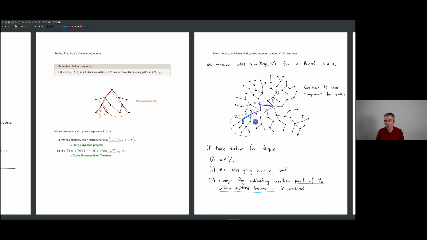And then suddenly the number of table entries would become exponential. But the way I define it, the number of table entries is polynomial, right? And here I crucially exploit that there is at most one uplink that has this property, covering something inside, something outside.